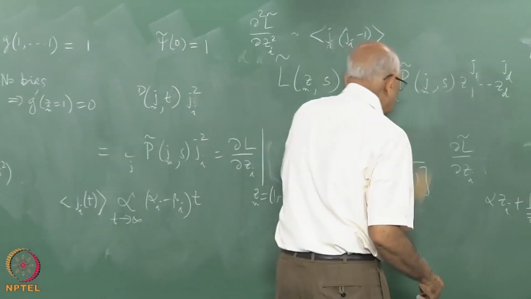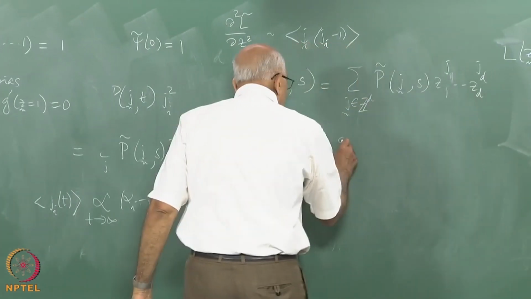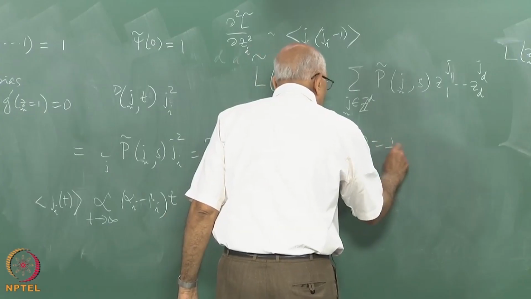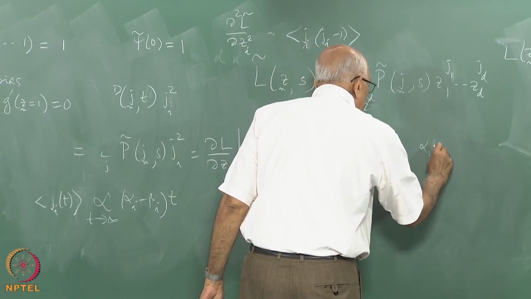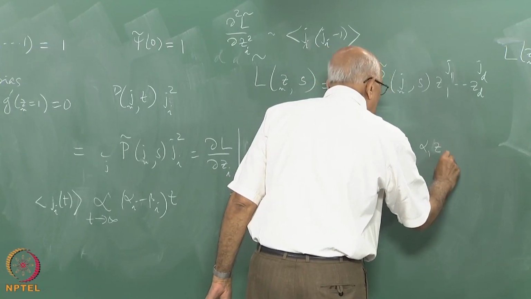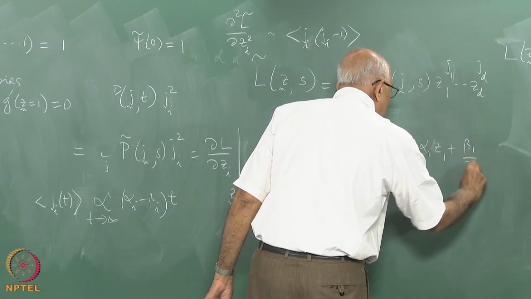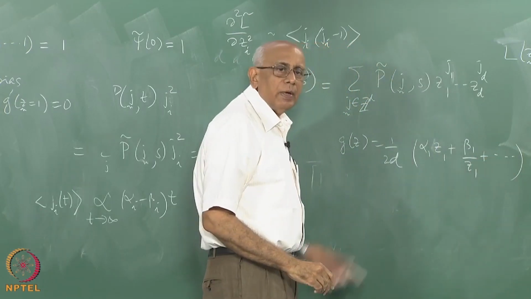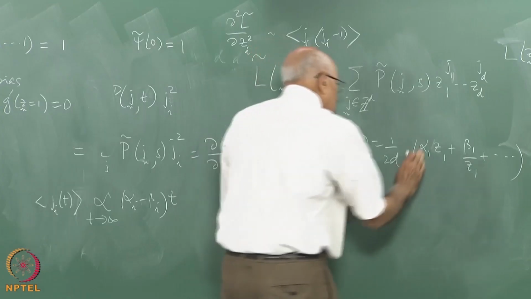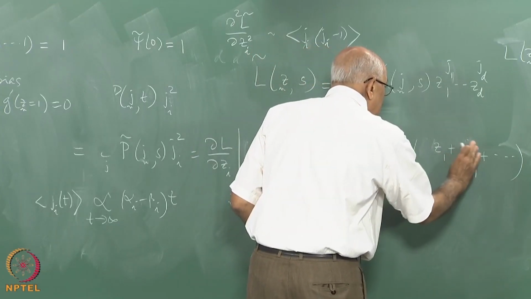So what I am saying is, g of z is 1 over 2d, alpha times z1 plus beta times 1 over z1, plus dot dot dot. Okay. If I differentiate this guy, in the unbiased case it is just this.